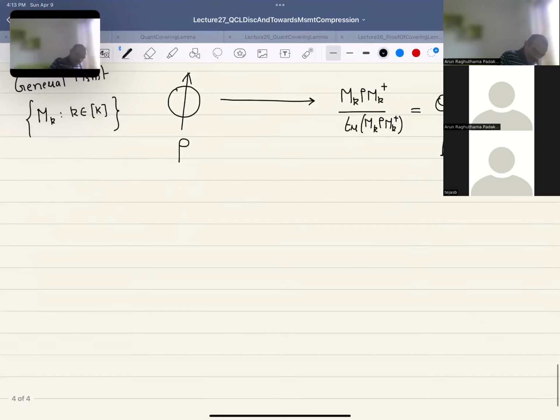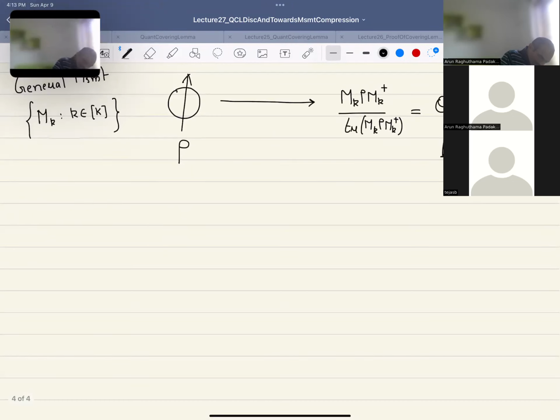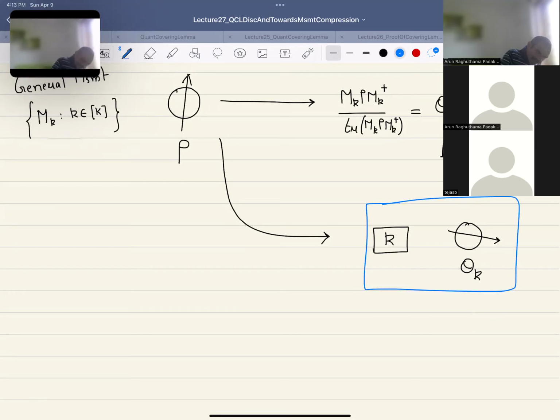When I make this measurement, I'm ending up with a quantum state theta_k and a classical register k, and this setup I will get with probability trace of M_k rho M_k dagger.